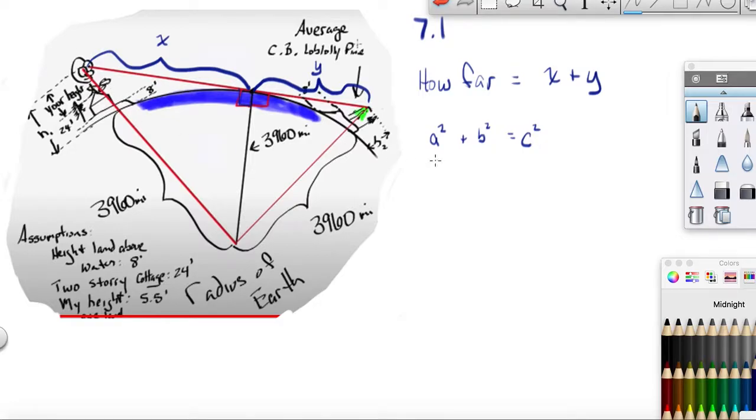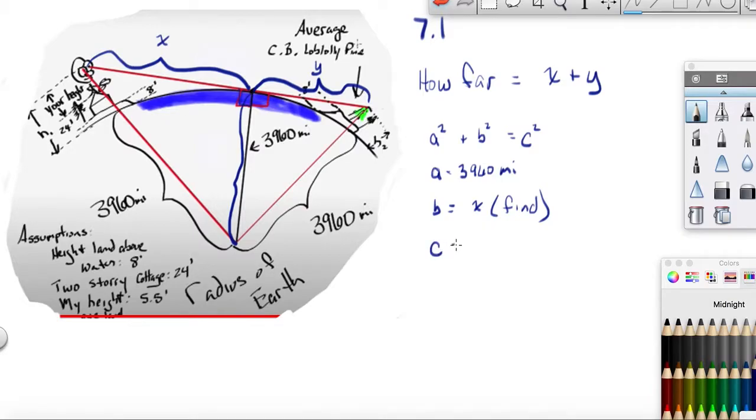So what is a? We could call this leg right here a, and that is 3,960 miles. It's the radius of the Earth. B is the x leg that we're trying to find.